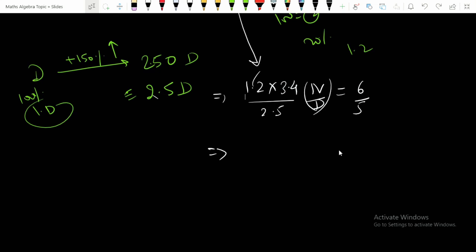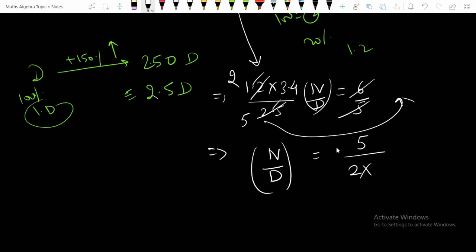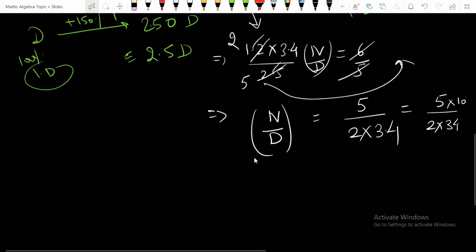Better that we cut the decimal part. So n by d equals, by cross multiplication, 5 by 2 into 3.4, that is 5 into 2 into 34 into 10 in short.